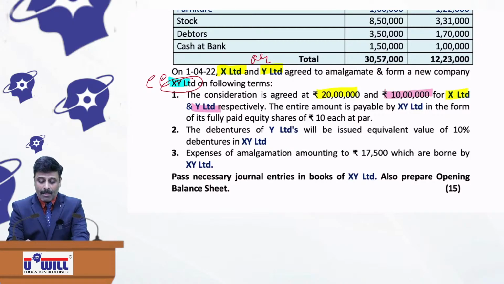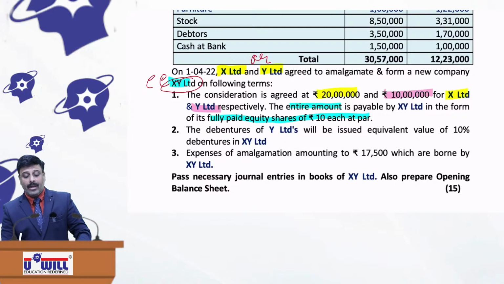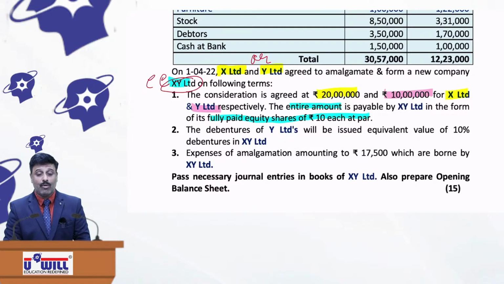The entire amount being payable by XY Limited in the form of its fully paid equity shares of 10 each. Now, if you all remember yesterday I discussed one of the conditions of merger was entire purchase consideration should be settled in the form of equity shares only.